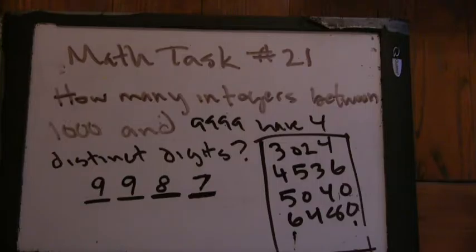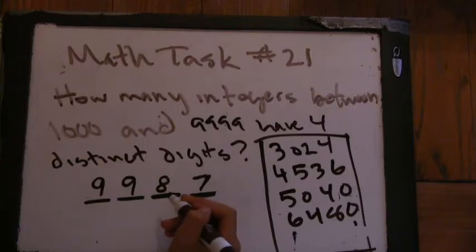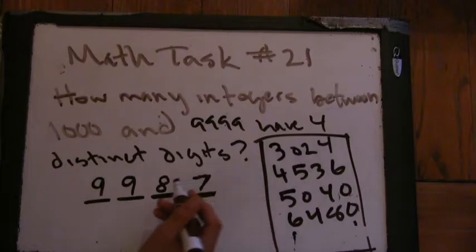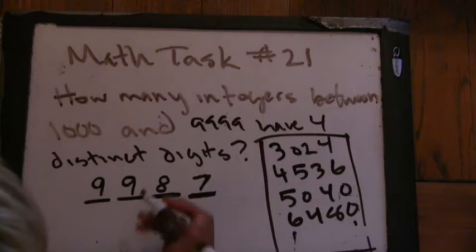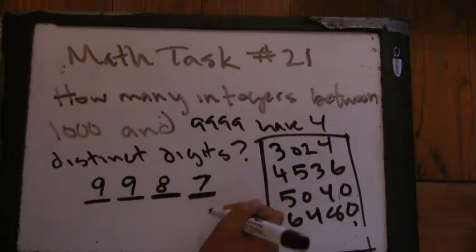Well, are any of these not divisible by 3? For 3024, the digit sum is 9, which it has to be, since it must be divisible by 9. So that one will work as a choice.